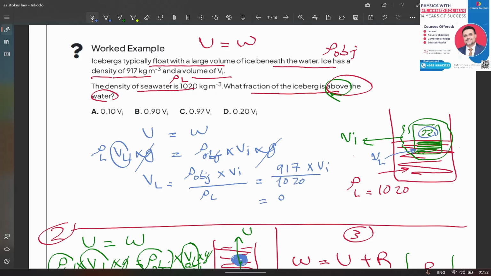It will give you 0.9 VI. Now we need to find the volume above the surface. We can subtract: volume above equals VI minus 0.9 VI. So the rest will be 0.1 VI. This is why A is the correct answer.